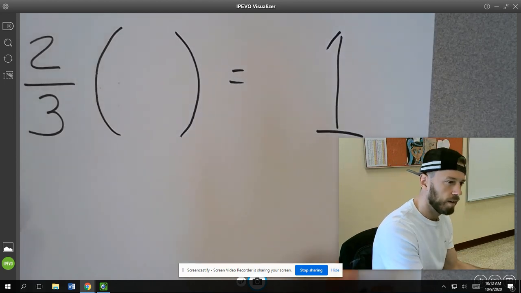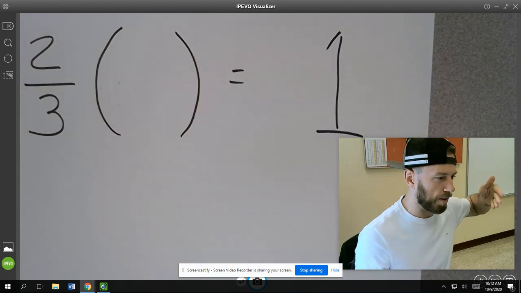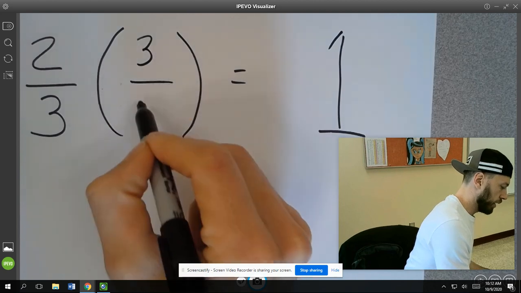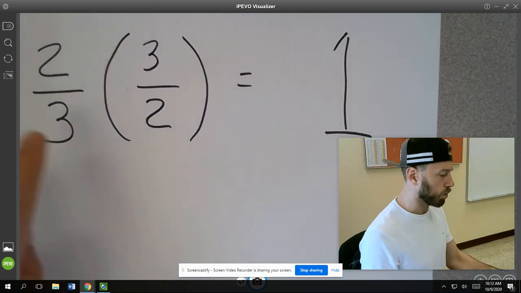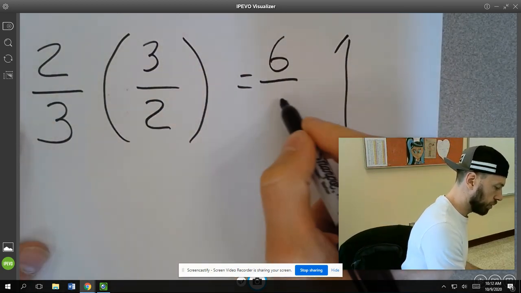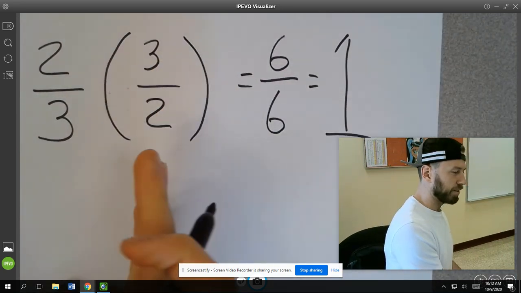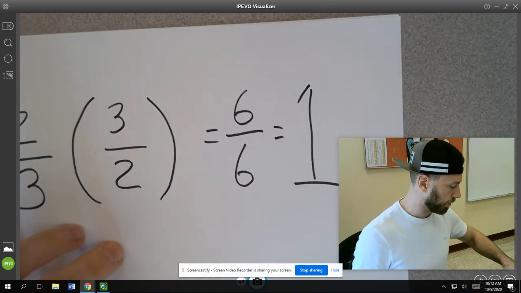And what would that be? Well, the easy way to find a reciprocal that we just talked about would be to just flip that fraction upside down, and that would be the reciprocal of it. 3 over 2. Now, if that's the reciprocal, then if we multiply these together, it should give us 1. Well, let's find out. 2 times 3 is 6, and 3 times 2 is 6, and 6 over 6 is equal to 1 whole. So yes, 3/2 is the reciprocal of 2/3. So it's just about flipping that fraction over.